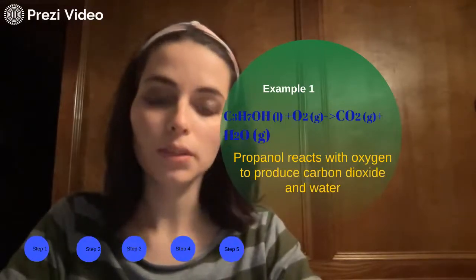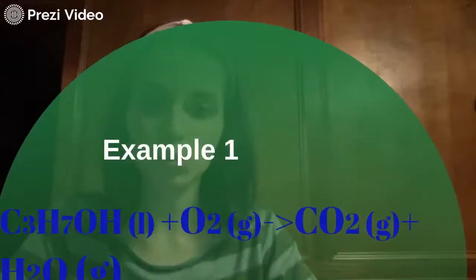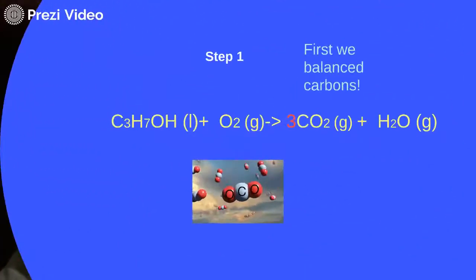So we start with carbon, and to balance it, what do we do? We add a coefficient of 3 to carbon dioxide. And now that we have exactly three carbons on the left and on the right, we can continue to either hydrogen or oxygen.